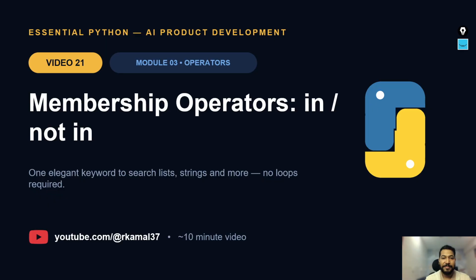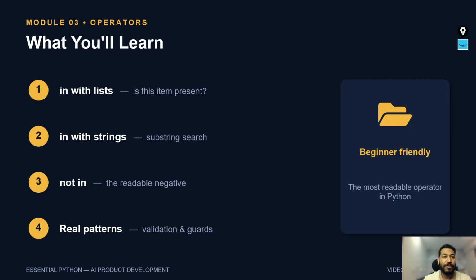Let's get started. If we talk about the agenda of today's session, we are going to talk about the in operator with respect to lists, and the in operator with respect to the string object.